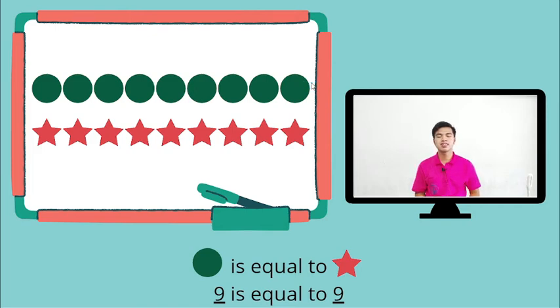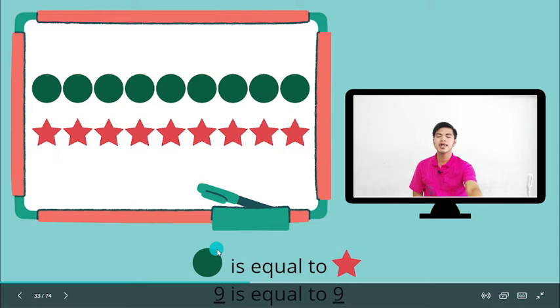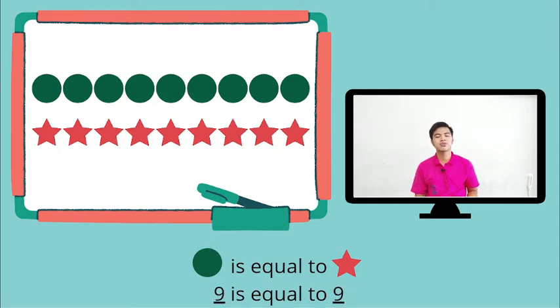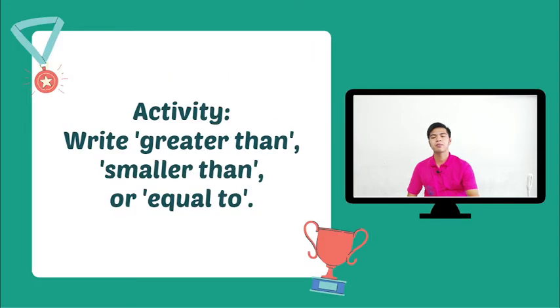So there are 9 circles. So we're going to write 9 down here. And then, since they are the same, let us just write 9 to the corner of the star, because circles are equal to stars. Therefore, 9 is equal to 9.